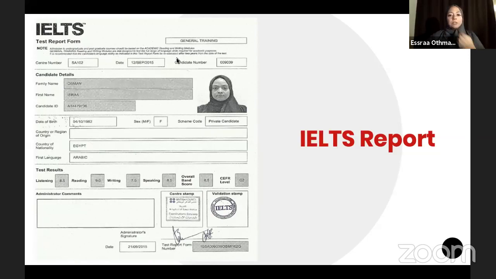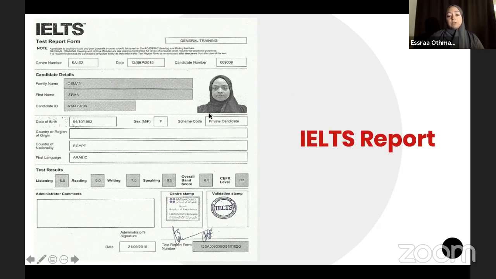You can see that you are going to have the type of exam. Let's say this one was for general training. You're going to have the venue, you're going to have the date, you're going to have the candidate number, of course, first, last name, and the ID that I used, and the date of birth, every single piece of information.